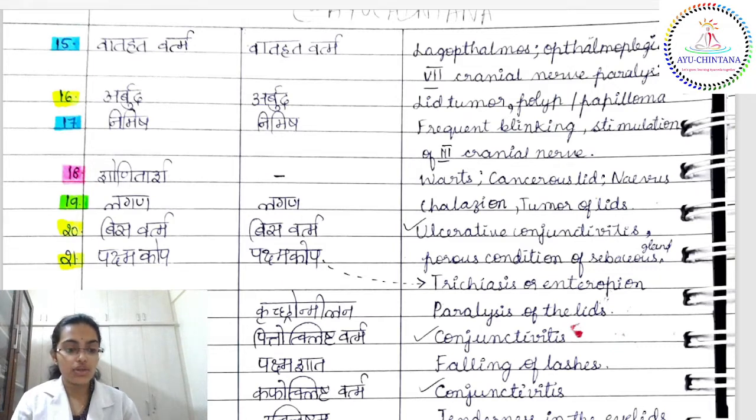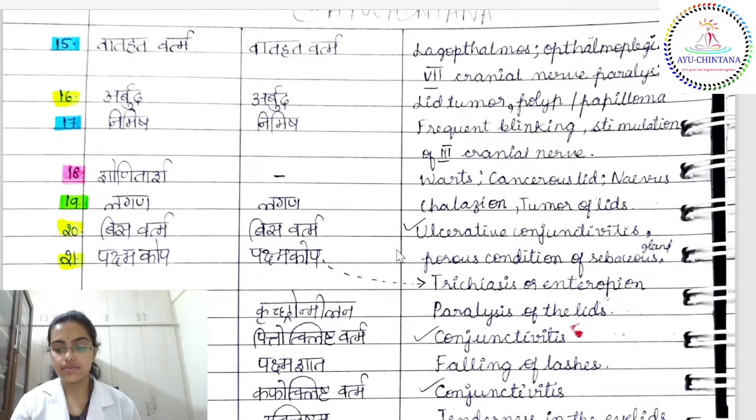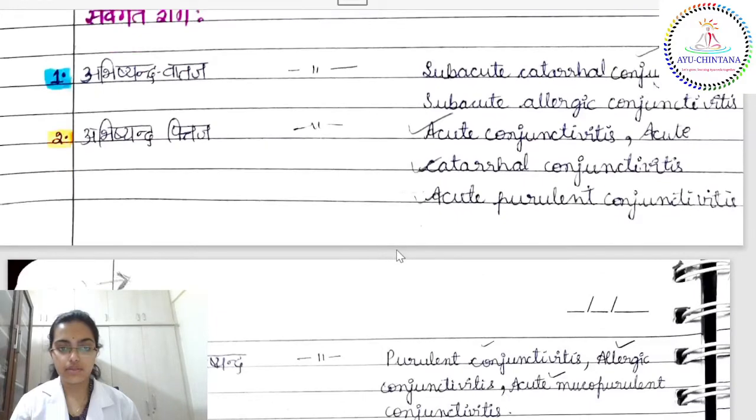Got it? So now moving on, we will tell how many Vyadhis there are in Sarvagata Vyadhi according to Doshas. So these are the Sarvagata Vyadhi.